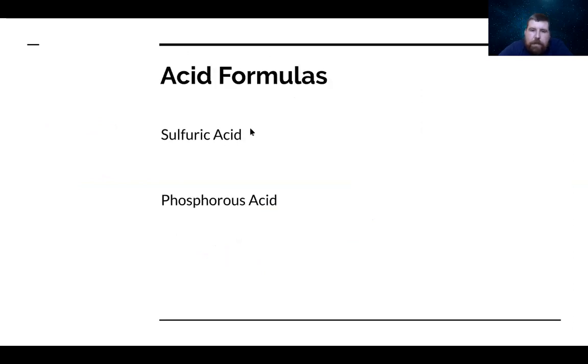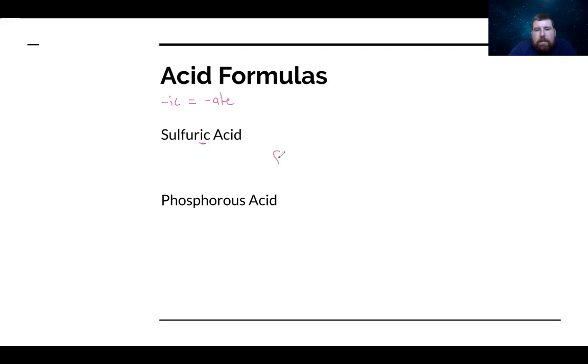I have 2 more examples of oxyacids. We have sulfuric. Remember, ic comes from the polyatomic ion ending ate, so that means it's sulfate.